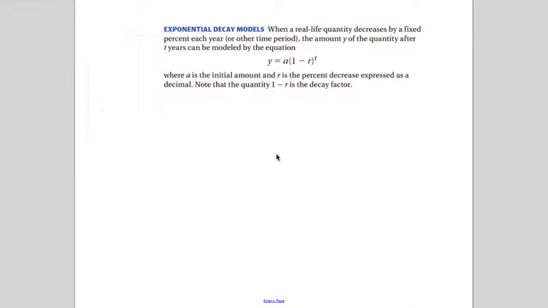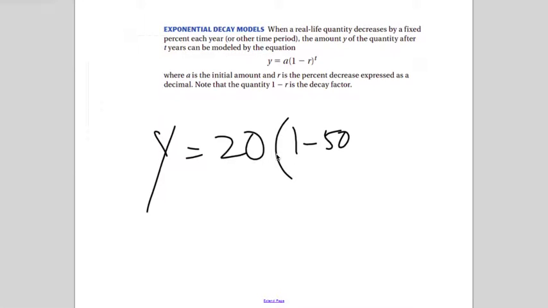In the example I gave in class, where I'm standing, let's say, 20 feet away from the classroom, you would say that distance from the classroom is equal to 20 feet, and every time I'm walking, decreasing the distance by half, so you're going to minus 50%.